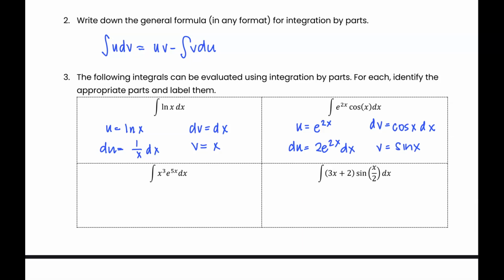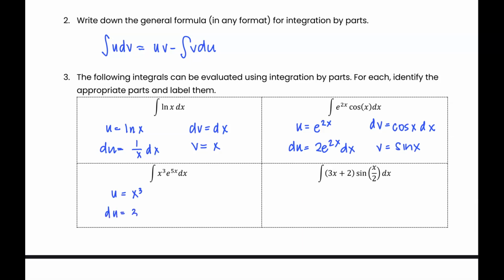Okay, the next one, we have something that we'd probably have to do multiple integration by parts or use the tabular method. Either way, we know that we're going to start with that polynomial or algebraic function as our u.